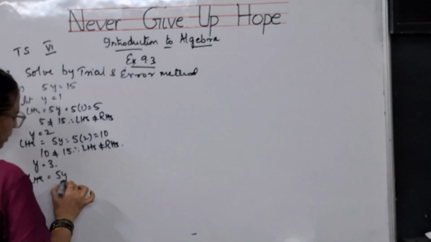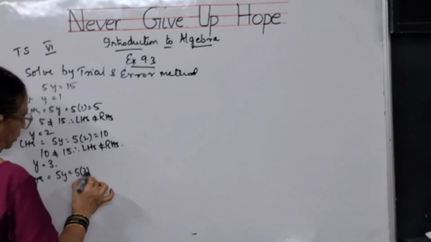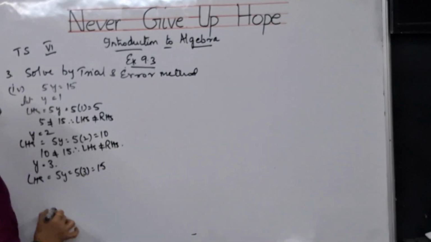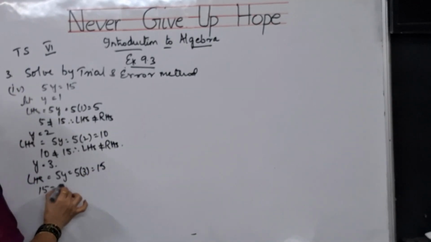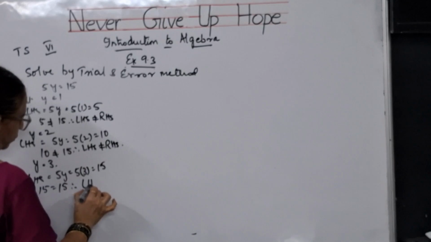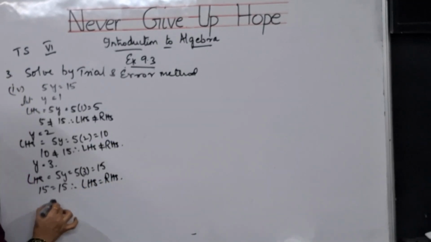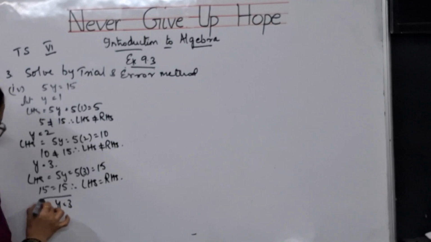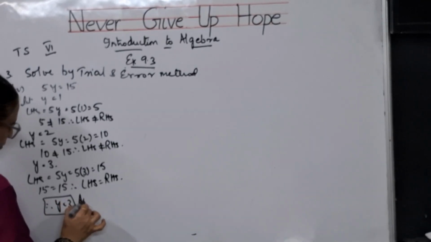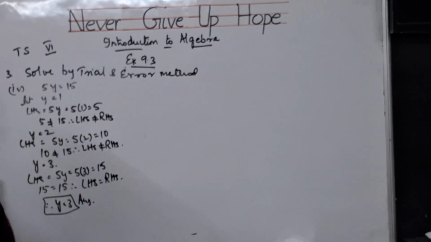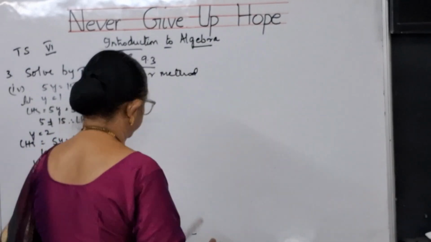LHS 5y. 5 into 3, 15. 15 is equal to 15. Therefore, LHS is equal to RHS. Therefore, y is equal to 3. This is the answer. This is fourth bit.